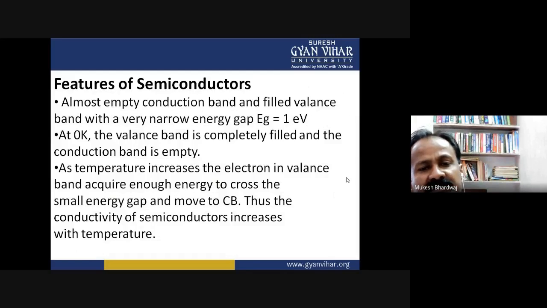But as the temperature increases, the electrons in the valence band acquire enough energy to cross the small energy gap and move to the conduction band. Thus, the conductivity of a semiconductor increases with temperature.